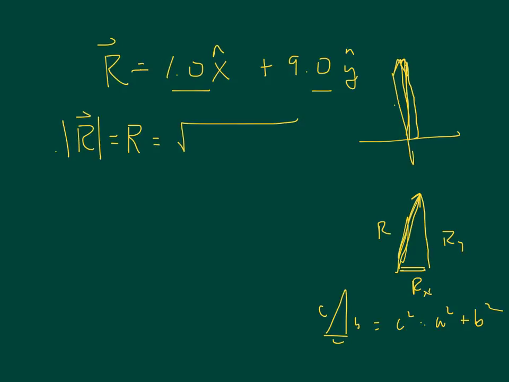That's going to be the square root of 1 squared plus 9 squared. This would be the square root of 82, and that would be equal to, rounded off, 9.1. So that would be the magnitude of R.